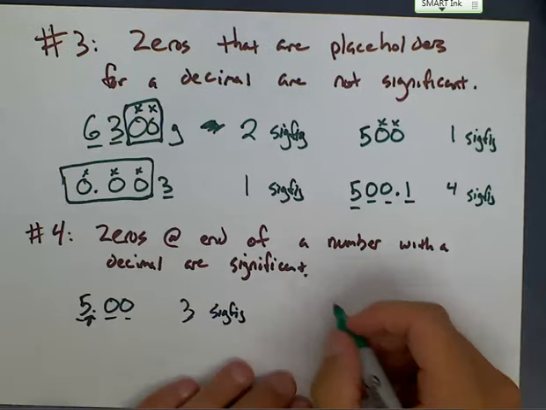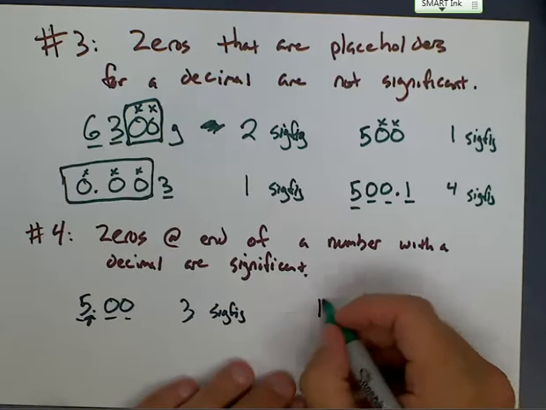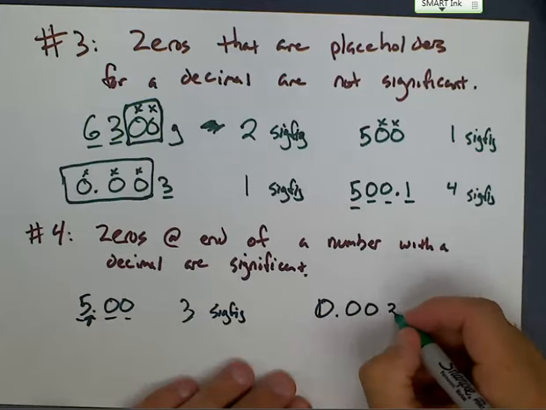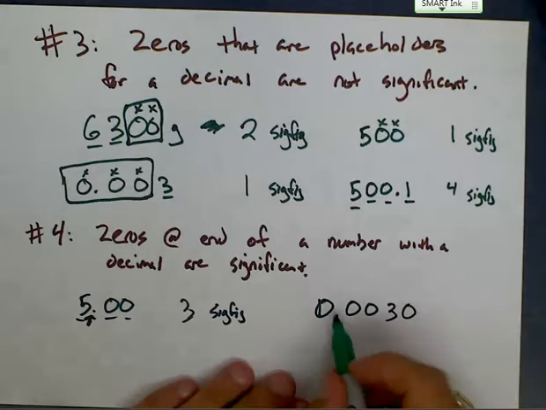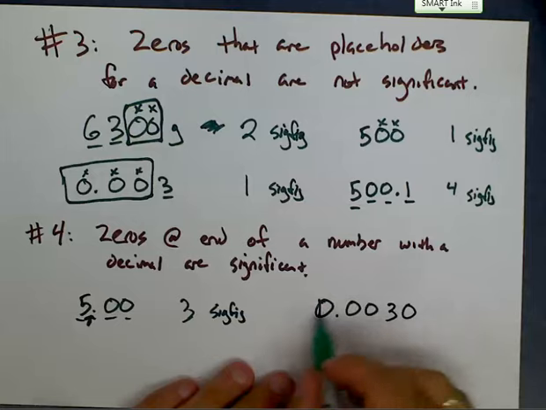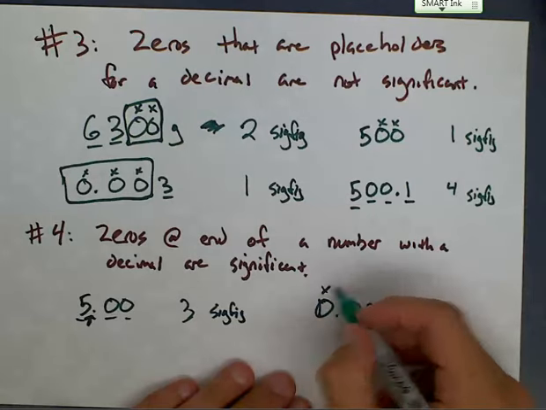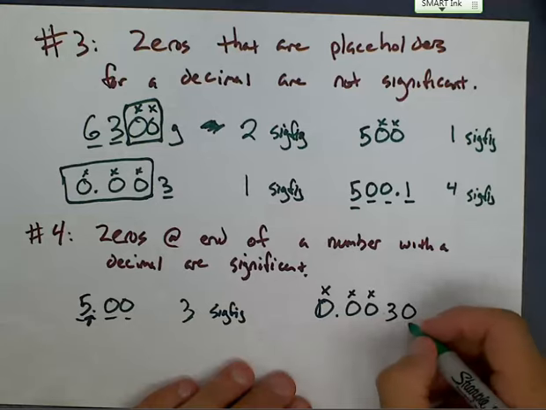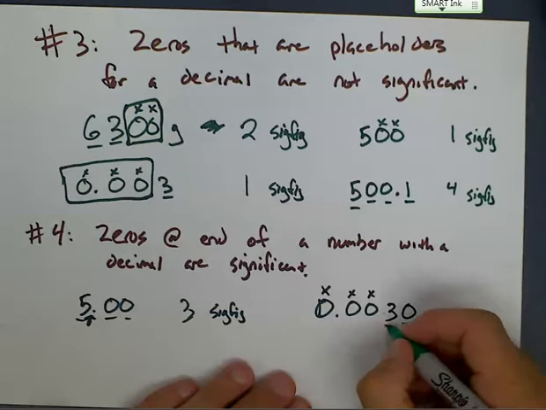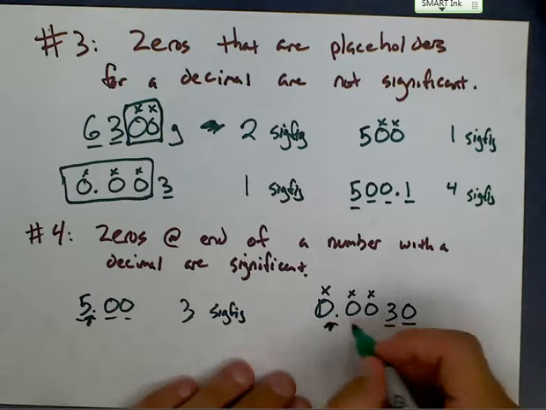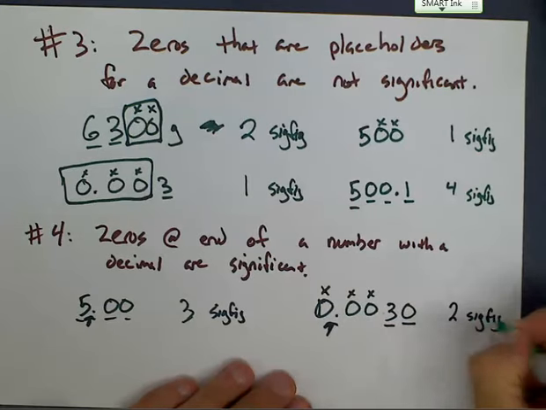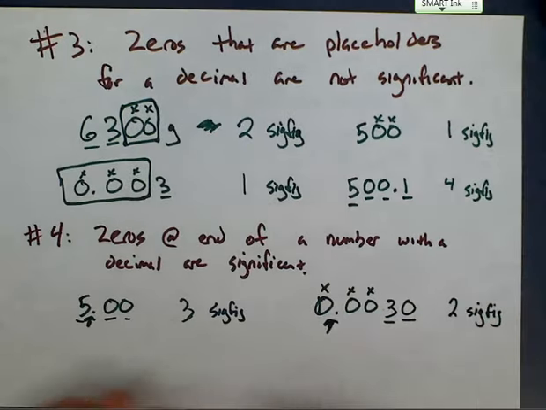If I had the number 0.0030, these are placeholder zeros. They come before the number. They're larger than the number in this case. This 0 is at the end of a number with a decimal. So this would have 2 significant figures. Okay.